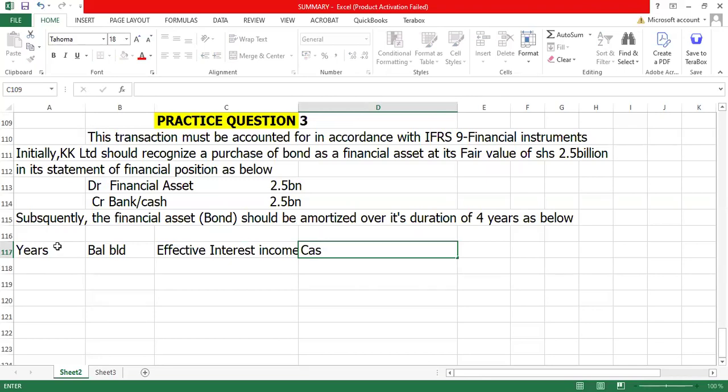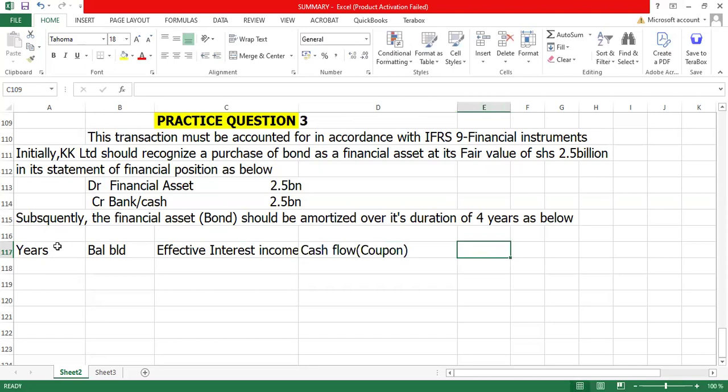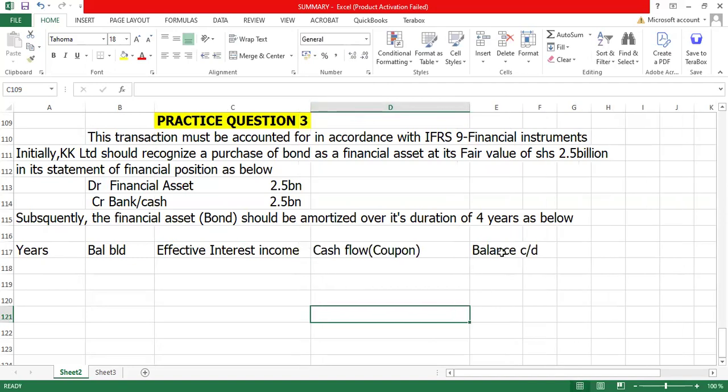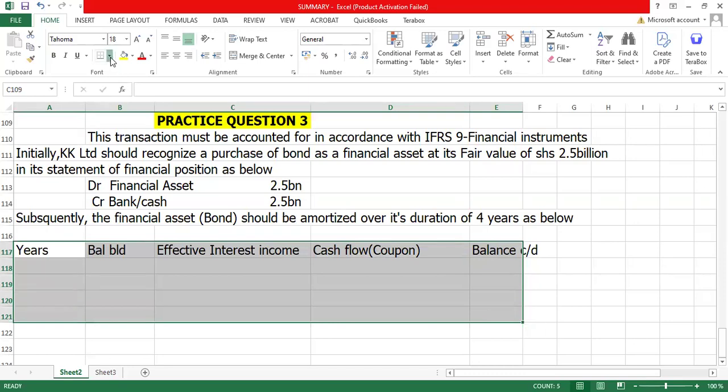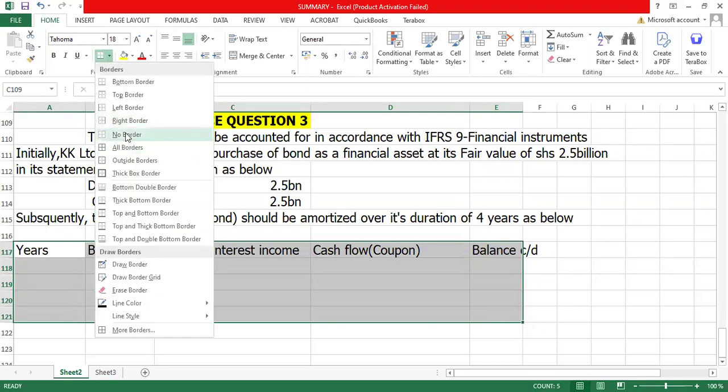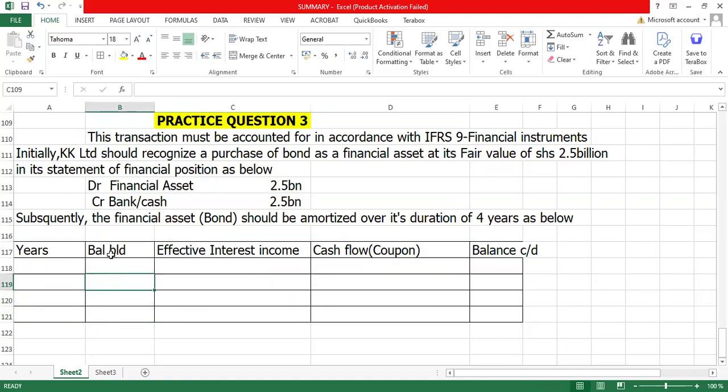Even if you put the word coupon, it is okay. Then here you put the amortized cost or the balance carried down, the amortized cost at the end of the year. So you draw that table, because here it's received in arrears, not in advance.